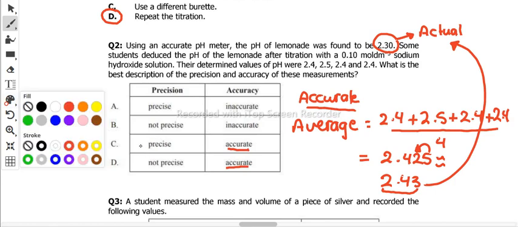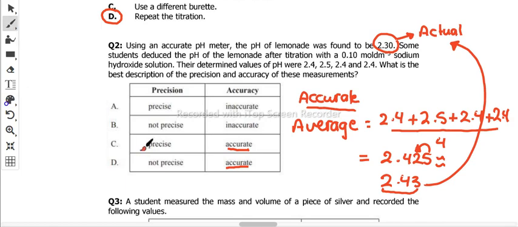Here we need to refer to the actual value. If we look at the actual value, we're going to find that you have 2 decimal places presented inside the final answer. And the decimal places are so important for the precision of the equipment that should be used inside the lab.